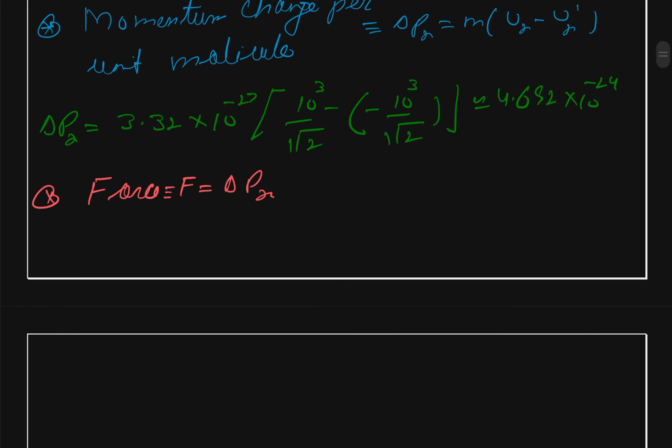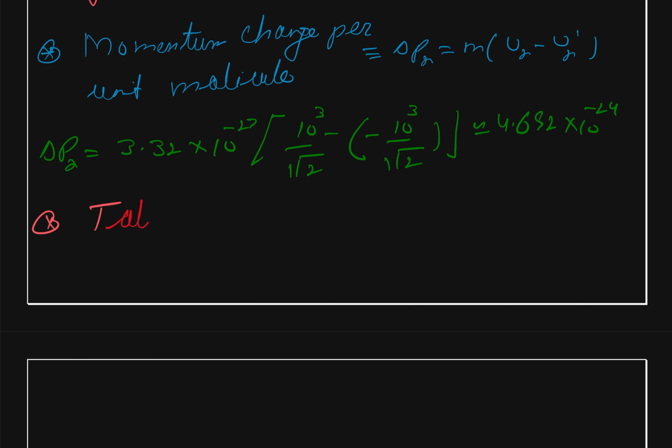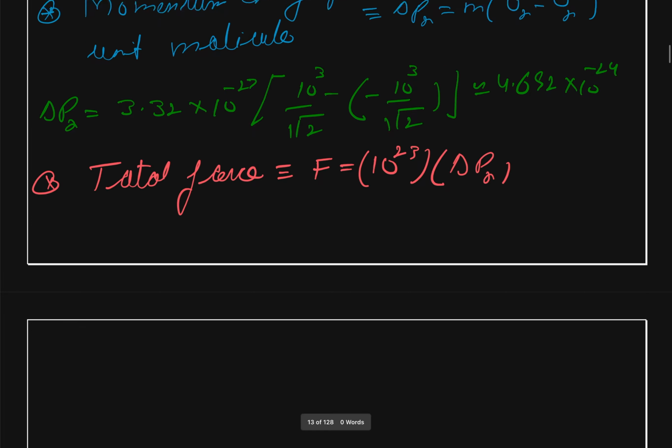Therefore, we can say that the total force, that is our F, will be equal to the number of molecules, 10 to the power 23, times the rate of change of momentum per molecule, and we substitute the value.